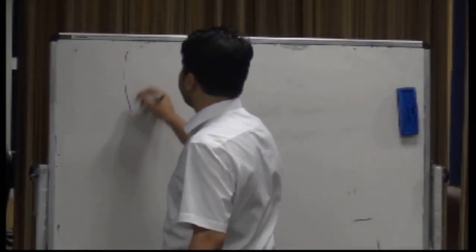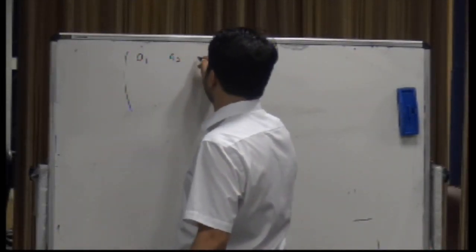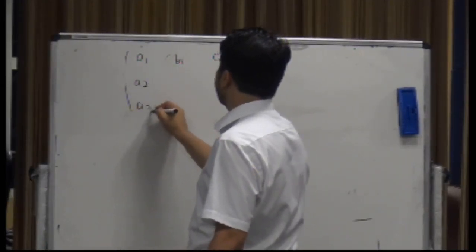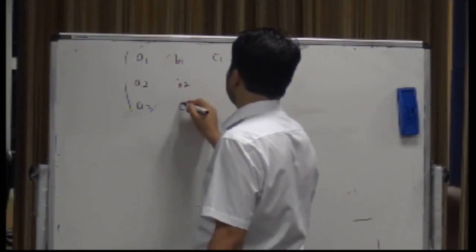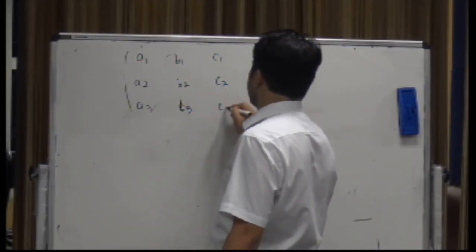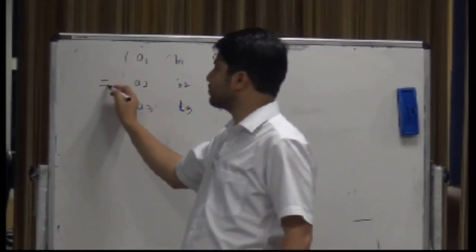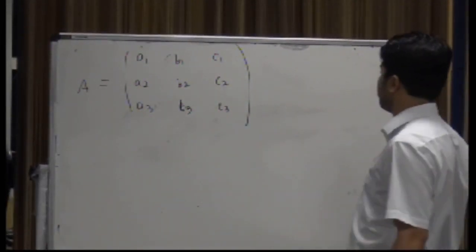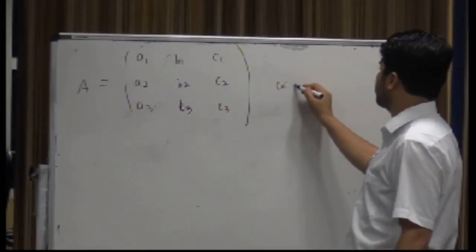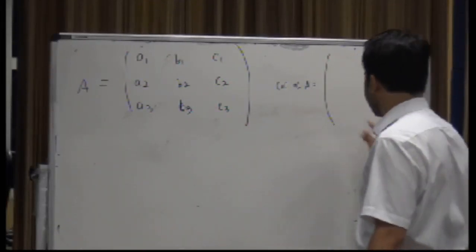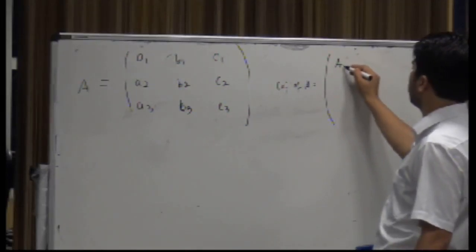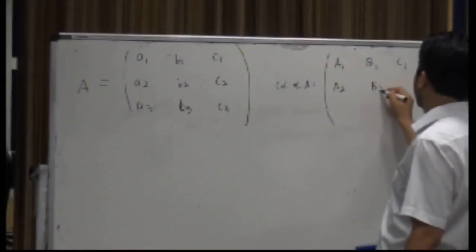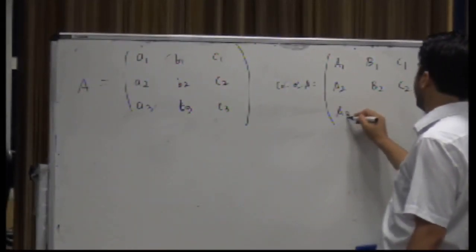You have an original matrix with rows A1, A2, or call it B1, C1. So this is your original matrix, right? And you have created a cofactor matrix of it.